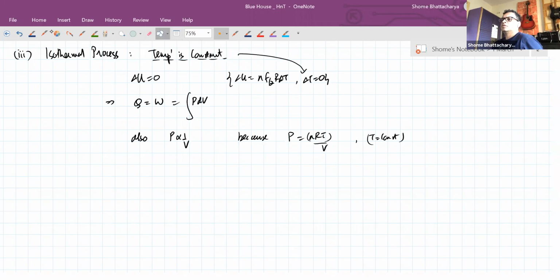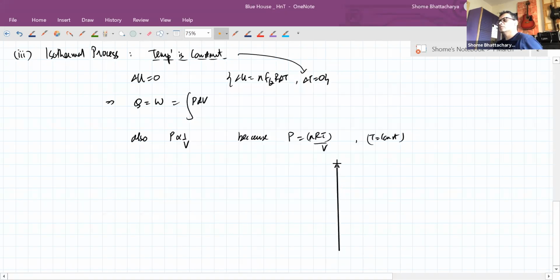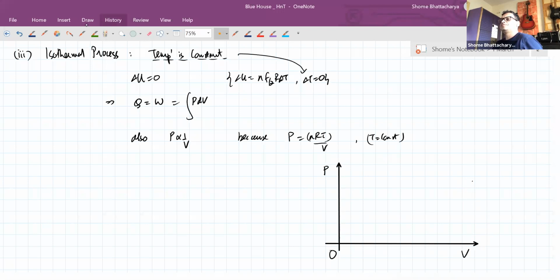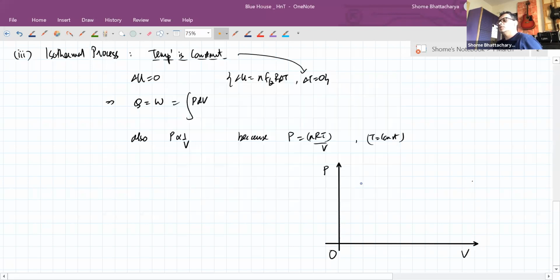So first of all, the graph of pressure versus volume is a hyperbolic graph. When the temperature is constant, the graph will tend to have a shape like this.